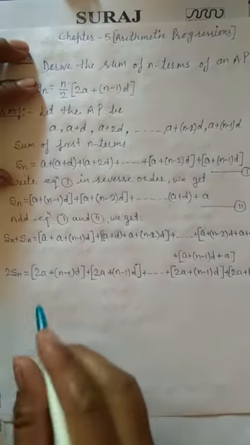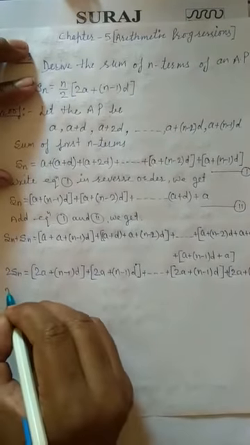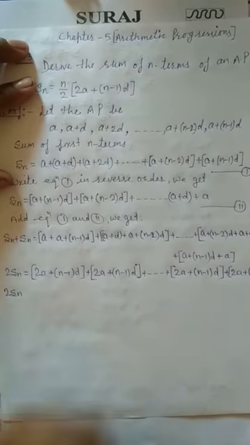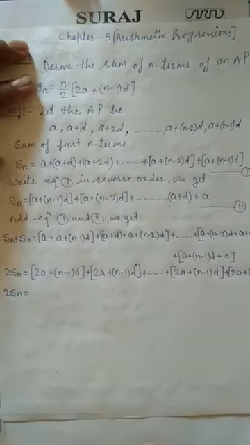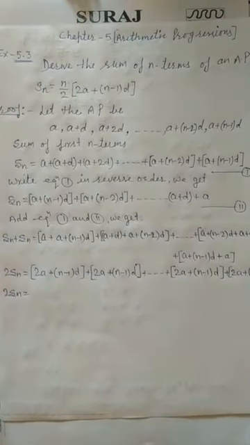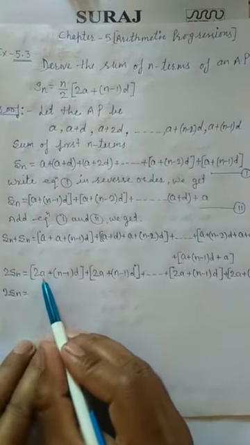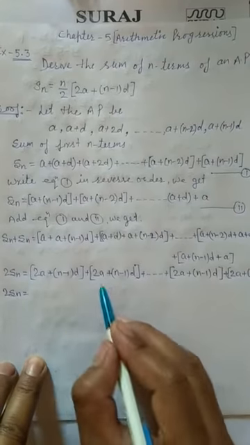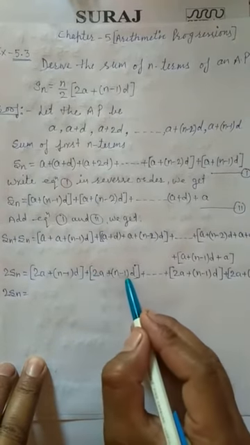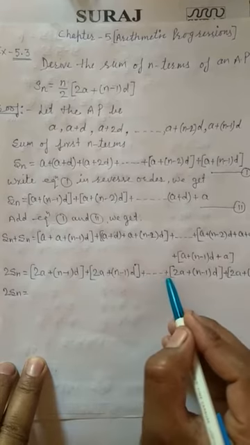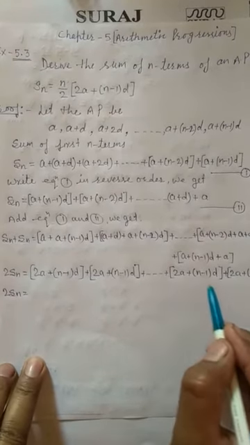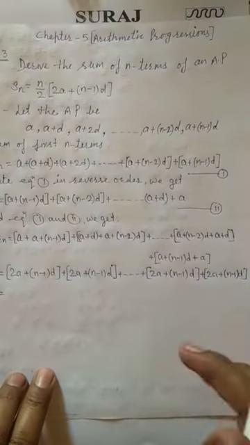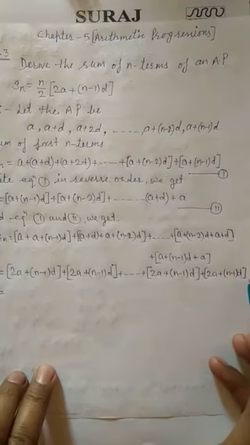Let's see, students. 2Sn is equal to: 2a plus (n minus 1) into d, plus 2a plus (n minus 1) into d, plus and so on, plus 2a plus (n minus 1) into d, plus 2a plus (n minus 1) into d.